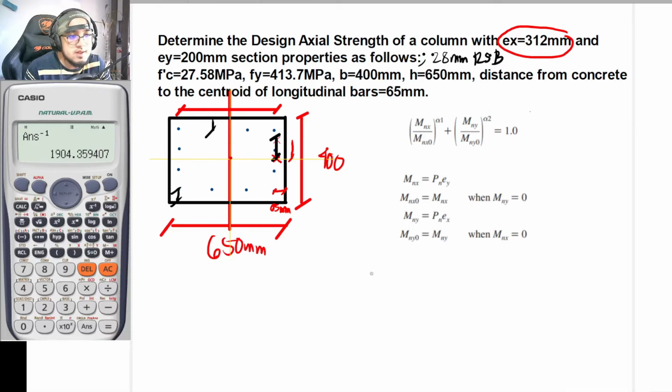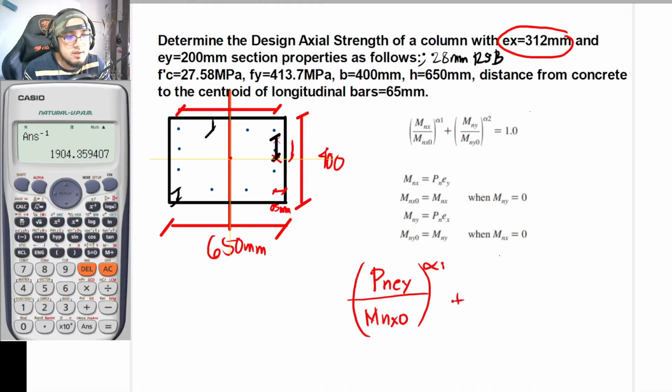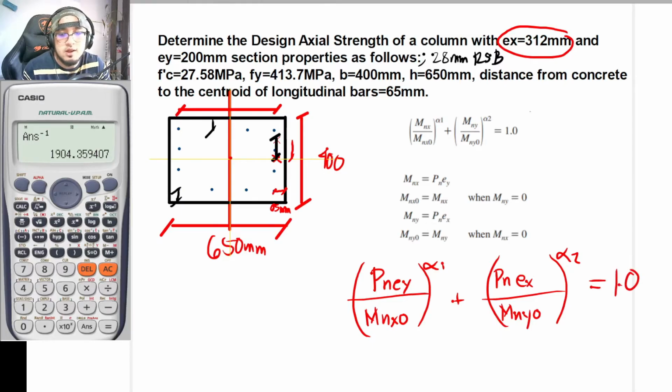This is now to be equal to (Pn EY divided by Mn XO) raised to alpha 1 plus (Pn EX divided by MNYO) raised to alpha 2. This is now to be equal to 1.0.